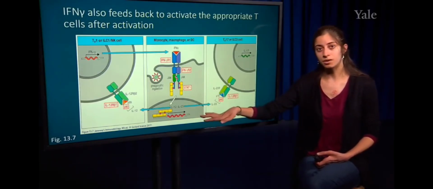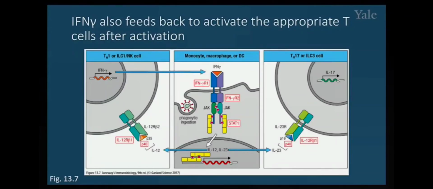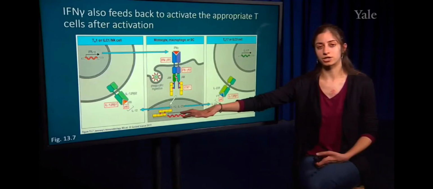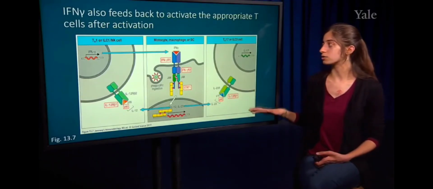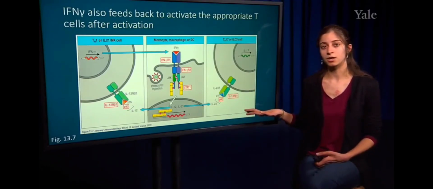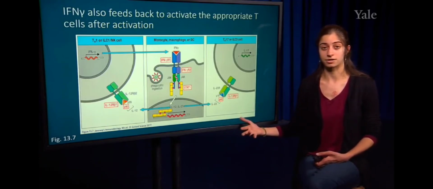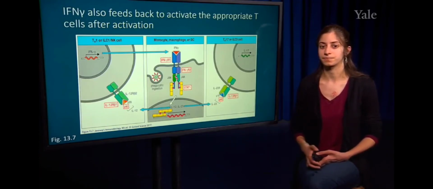So for example, if you have interferon gamma signaling through macrophages, you can drive the transcription of IL-12 to induce more Th1 cells, or the transcription and expression of IL-23 to induce Th17 cells, which would be necessary for different types of infections like parasites.